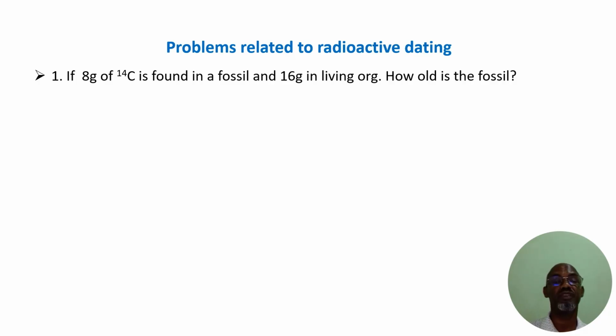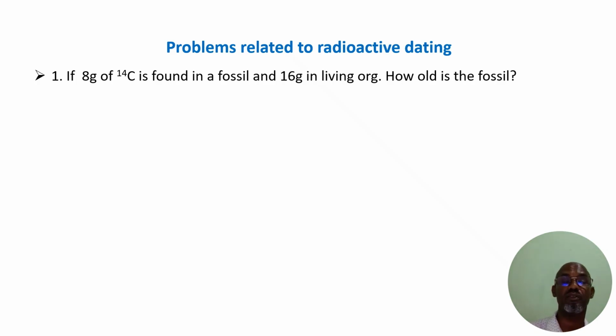If 8 grams of carbon-14 is found in a fossil and 16 grams in living organisms, how old is the fossil? Just compare these two numbers, the amount of the radioactive carbon-14 in living organisms and its amount in the fossil. Its amount in the fossil is 8 grams. Its amount in the living organism is 16 grams.